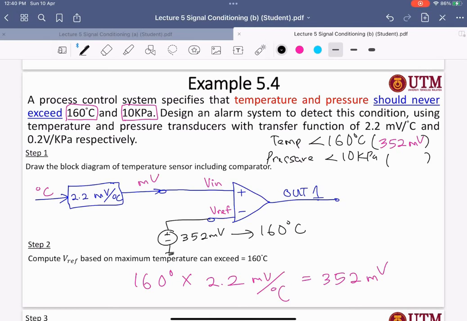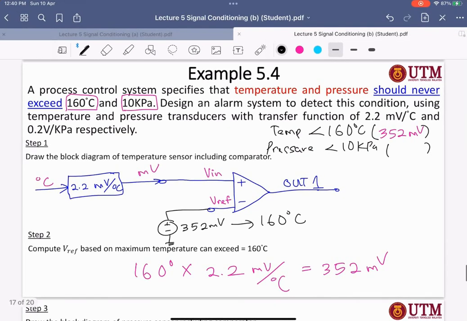You can have another supply that has 352 millivolt, or you can use a potentiometer. For example, you put 5 volt here, and you adjust the potentiometer so that you get 352 millivolt.